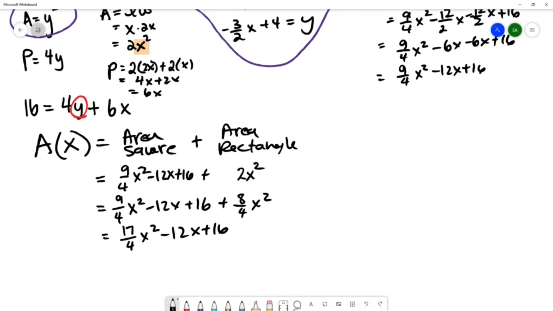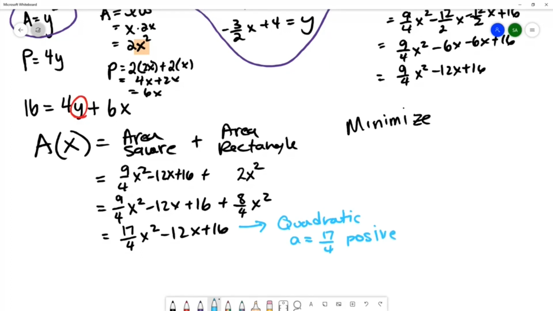And remember, our goal is to minimize that total area. So you can see here that our area function is a quadratic. If we look at the value of a, it's 17/4, which is positive.